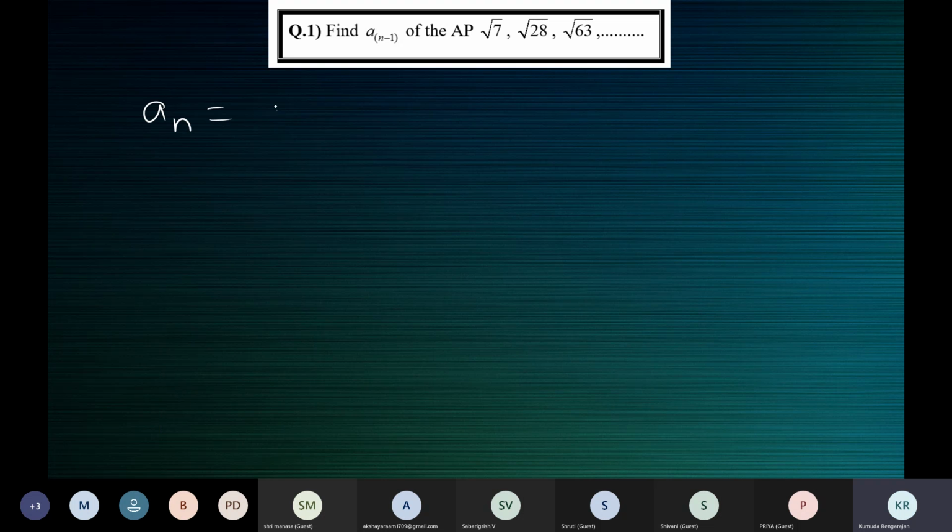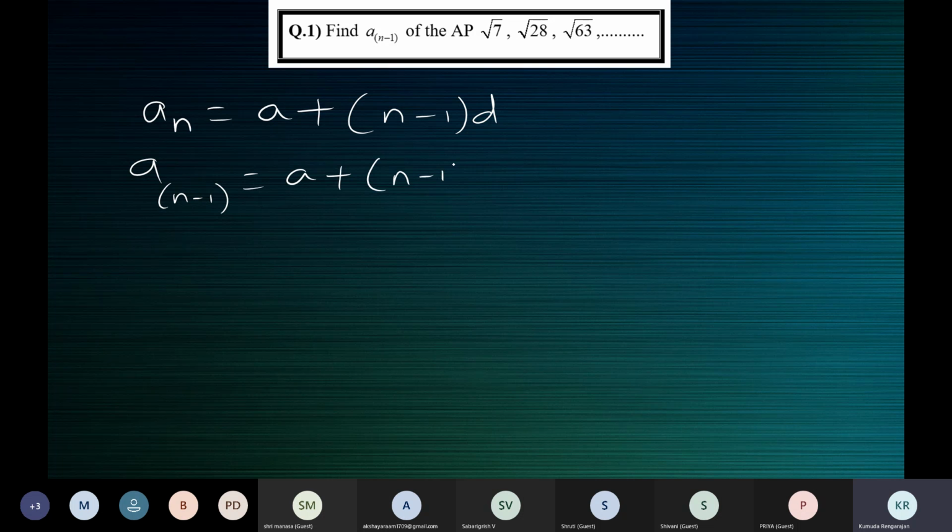So we know that an is a plus n minus 1 into d. The n minus 1th term will be a plus whichever term, this term minus 1, into d. This will be the formula. The nth term is n minus 1 into d. So the n minus 1th term will be whatever the term is, n minus 1 minus 1.